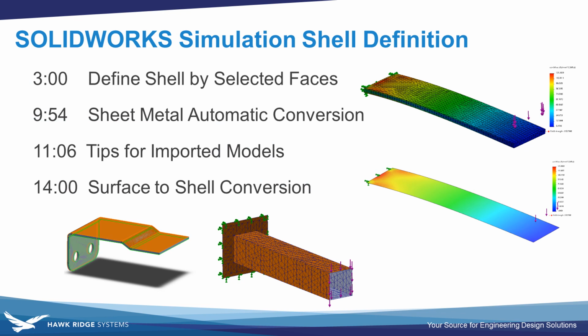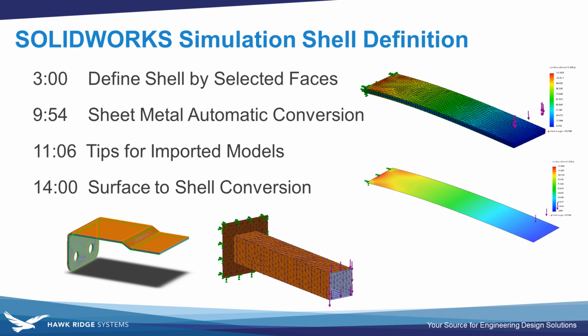So we discussed 3 workflows for setting up these studies using shell mesh definition. We have the ability to define shell by selected faces, which allows us to kind of on the fly convert a solid component from a simulation study into a shell mesh definition. That requires paying some extra attention to make sure that all your settings, your boundary conditions and mesh controls and contacts are applied to the set of faces that you defined the shell from.